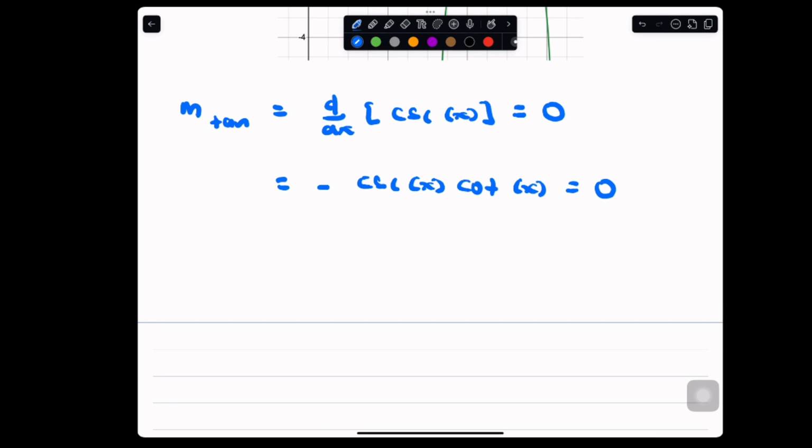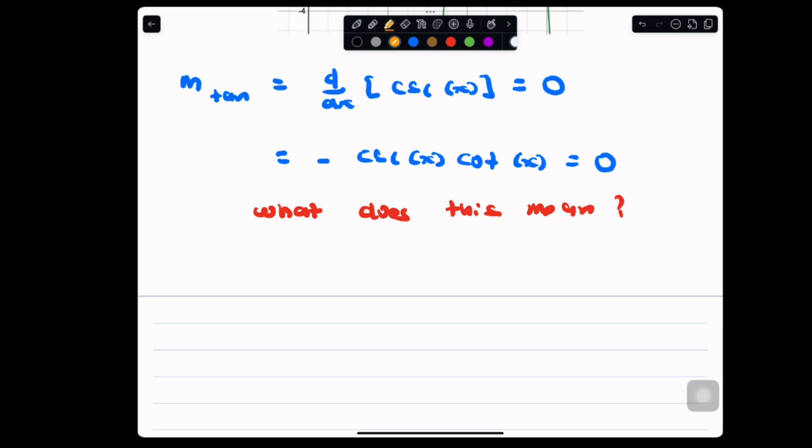Okay, here's what you guys want to know. What does this actually mean? Whenever you have a product of two functions and it equals 0, let's get out some algebra. If a times b is 0, what do we know?